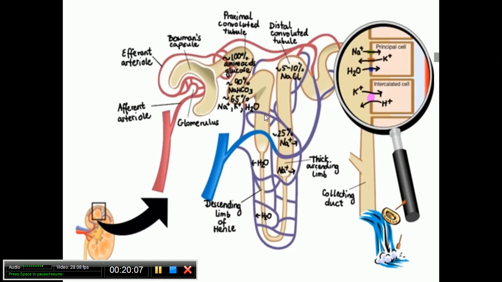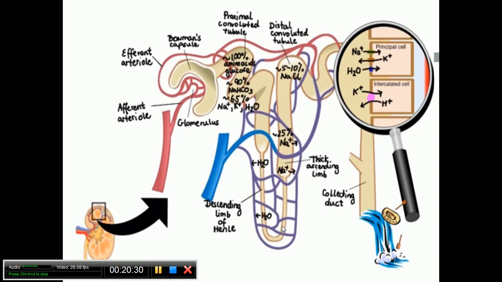So if you see the structure of the nephron, this is an arteriole in the glomerulus, this is the afferent arteriole, and this is the efferent arteriole. Once this leaves here, it is wrapped around the nephron, and this supplies blood, then it collects the blood.